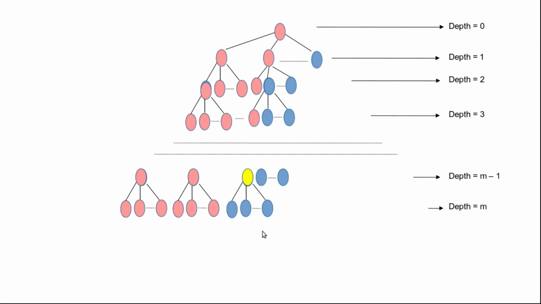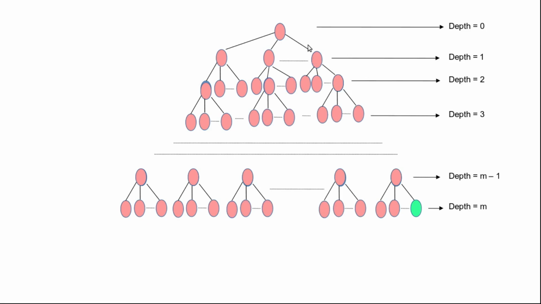And now we keep on proceeding in this way, and eventually we will be at a situation where we have explored all these nodes, and finally we are trying to explore this goal node. So as we try to explore this goal node, we see that we have visited all these red colored nodes.